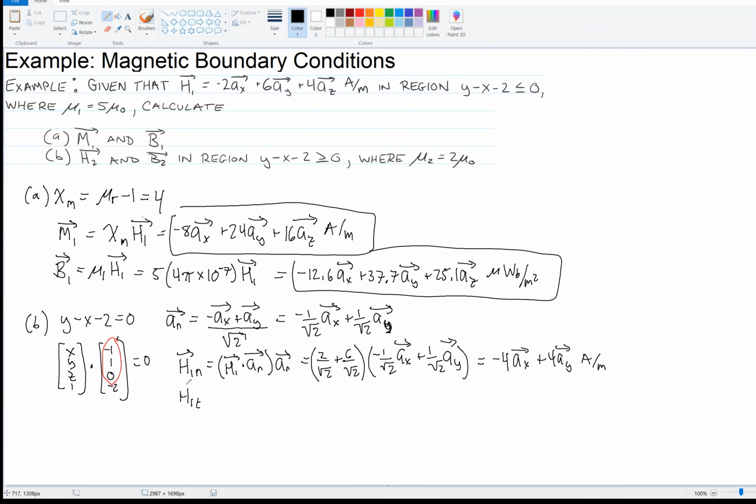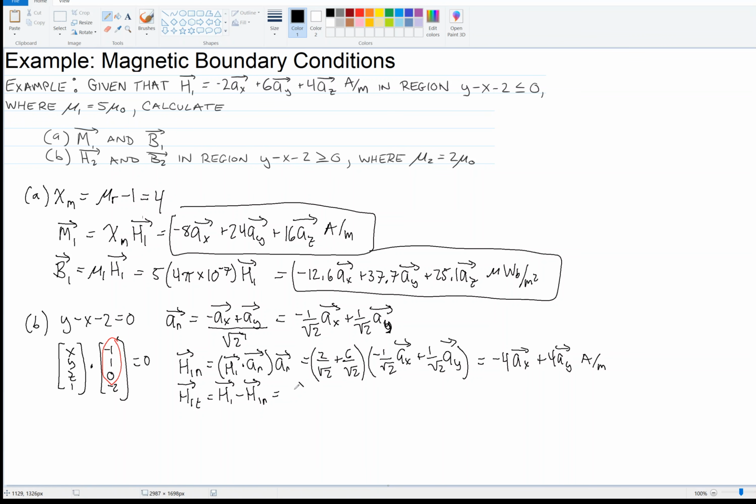And so I'll come back to that, but now that I have h1 normal, let me get the tangential component. So how do I get the tangential component? Well, the normal component plus the tangential component equals the vector. In other words, the tangential component is the vector with the normal component subtracted off, right? And so I've got the normal component, so I'll just do the subtraction, h1 minus h1n, right?